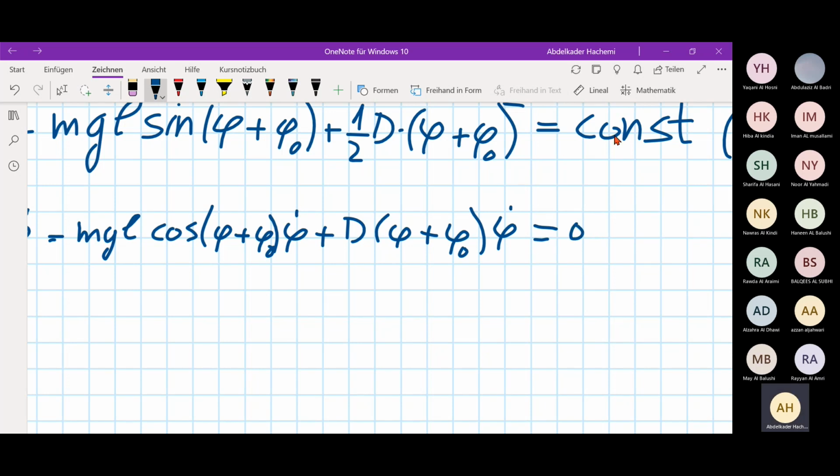Why 0? Because the time derivative of this constant is 0. Then we get the following relation now.